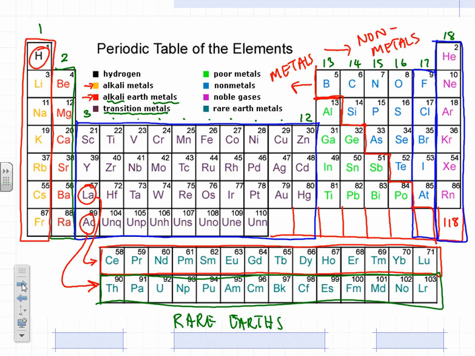But what differentiates a metal from a non-metal is really its chemical behavior. And that behavior is on a spectrum.